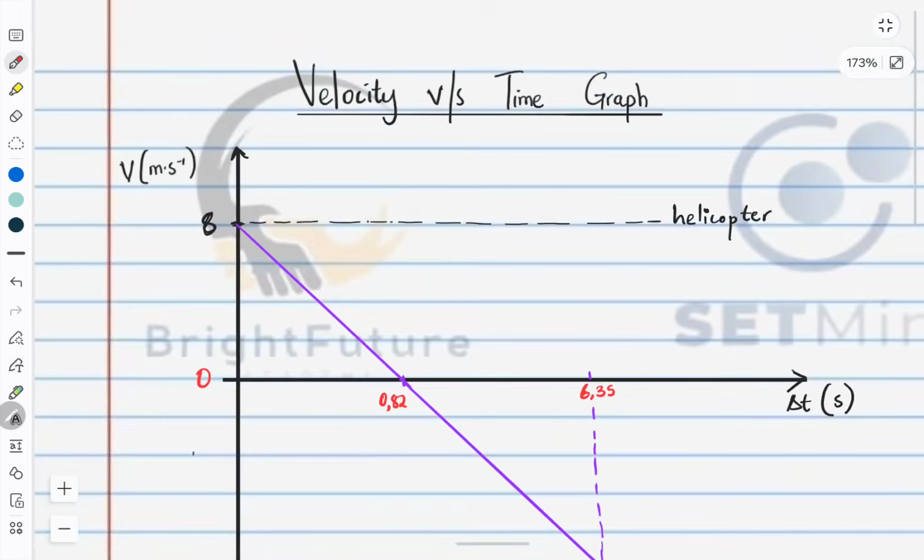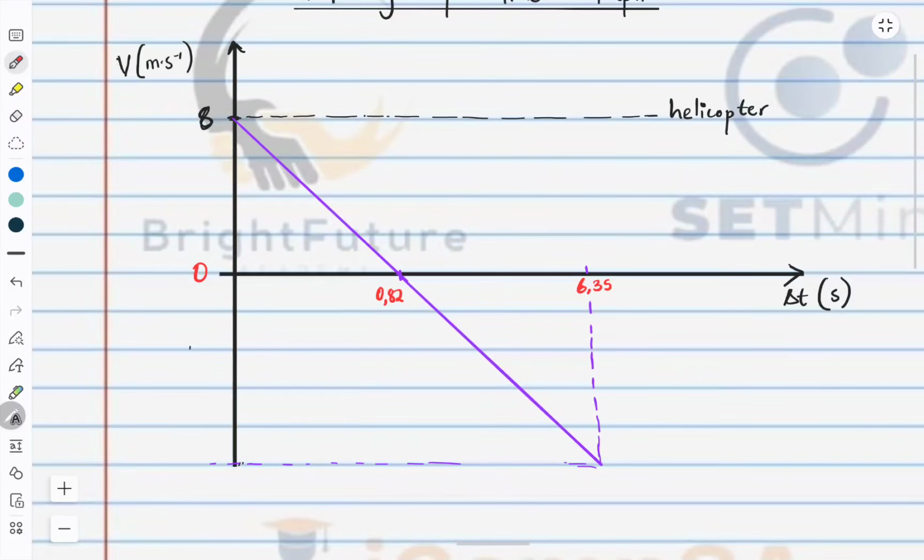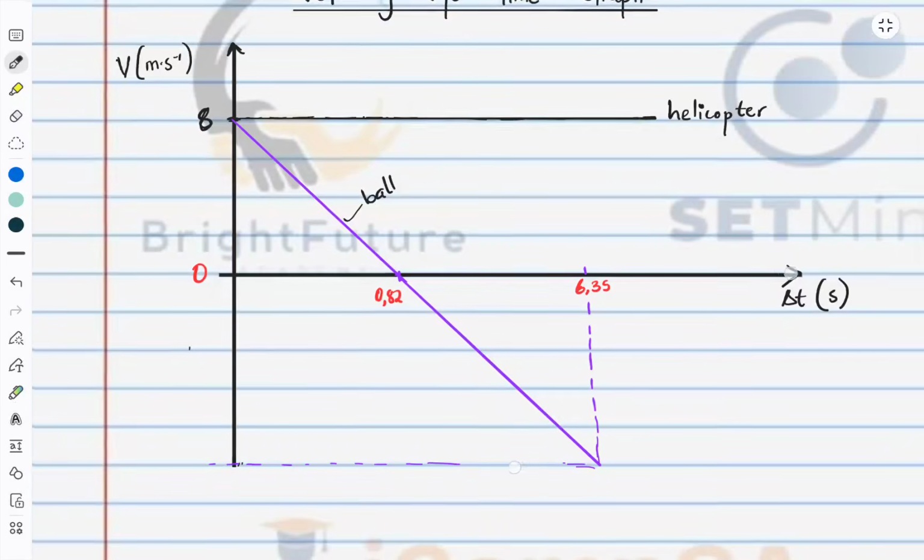Right, so 6.35. Then what else were we asked? So the curve for the helicopter, just draw a solid line. Don't draw a dotted line. It's not good. So that's the helicopter, and then this is the ball. The helicopter continues indefinitely at constant velocity. We don't know when it stops.